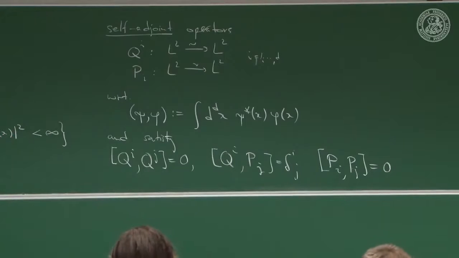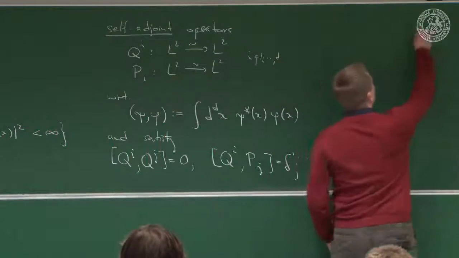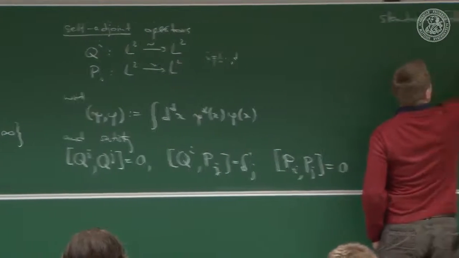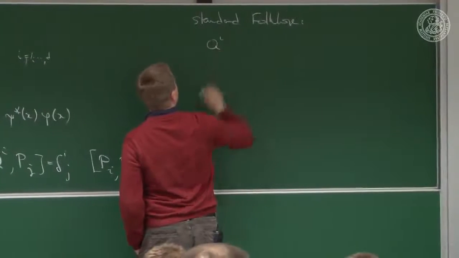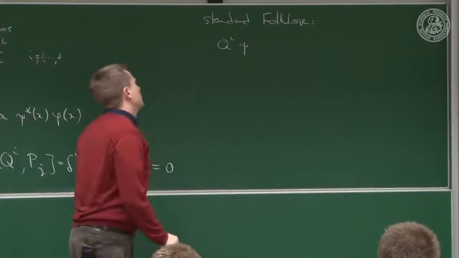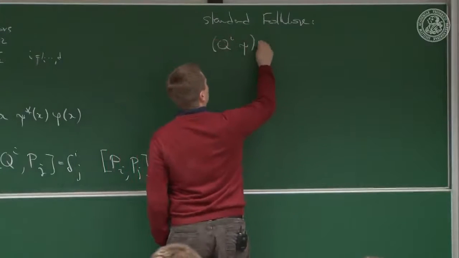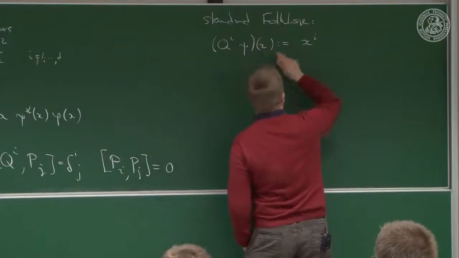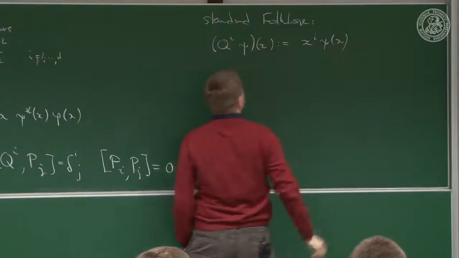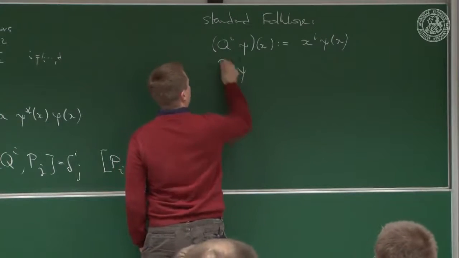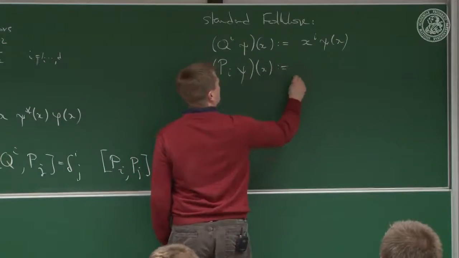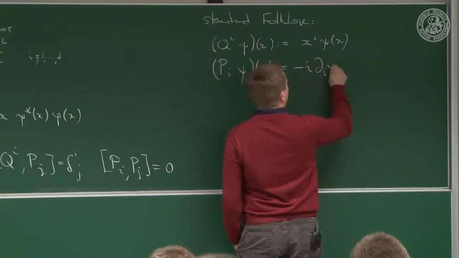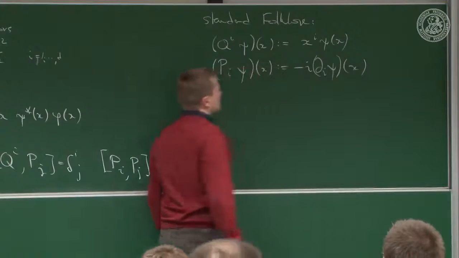It's also the standard folklore that you can represent this operator Q_i on psi, the position space representation, by just multiplying with the ith coordinate, and P_i psi can be represented by minus i h bar, which we set to 1, del_i psi of x.